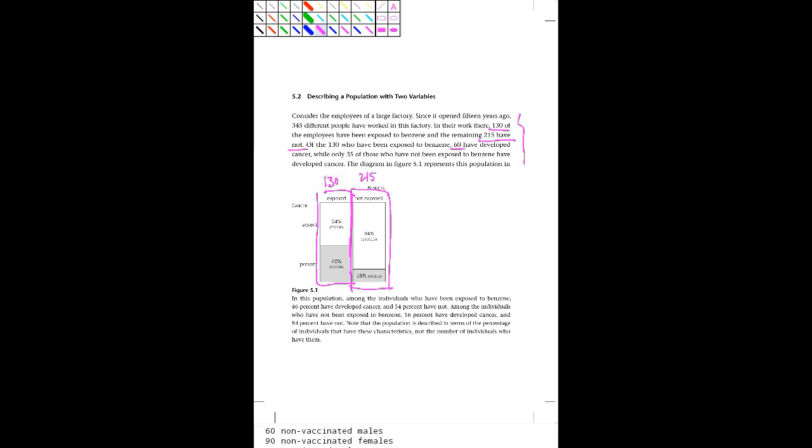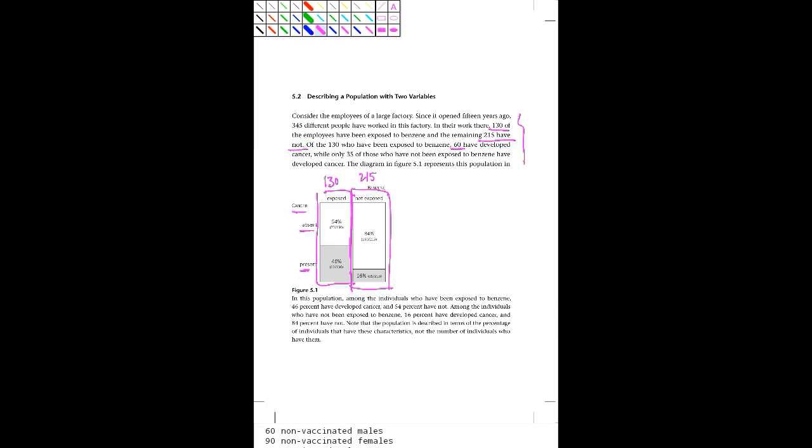In the diagram, cancer is represented on the side, so cancer present is in the bottom, these shaded boxes, and cancer absent, not having cancer, is on the top. So 60 of those 130 exposed have developed cancer.